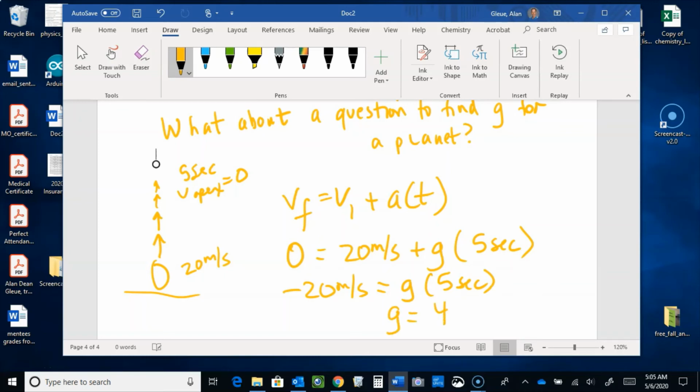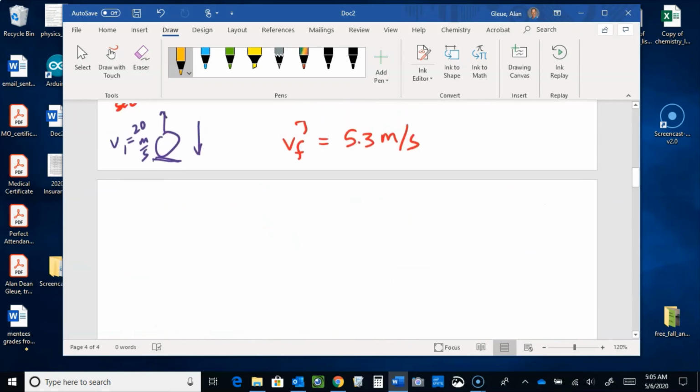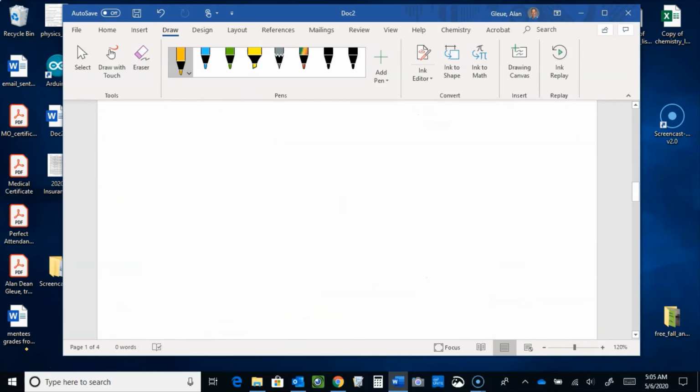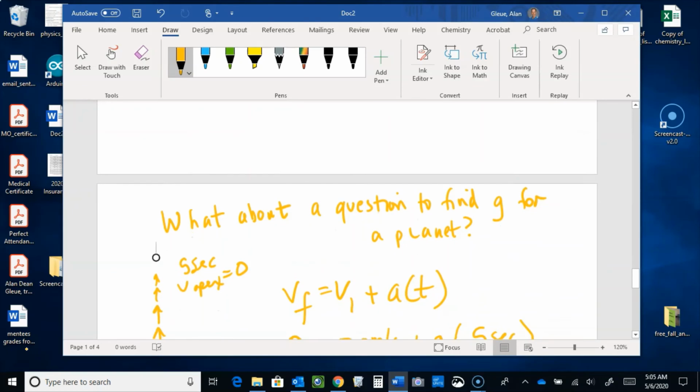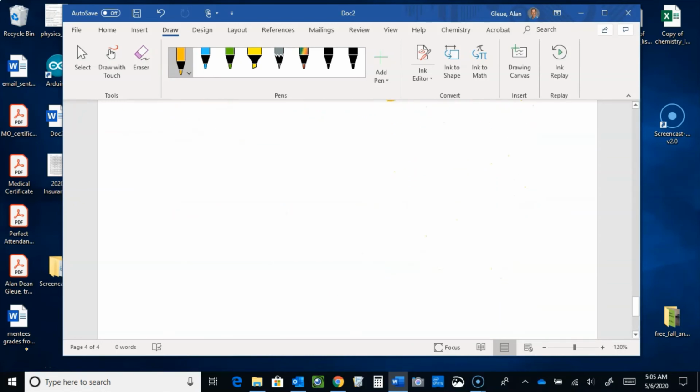We have meters per second per second. If it takes more time for that object to get up to its apex than it did on the Earth, so on the Earth it took, what did we say? On the Earth it took 2.04 seconds. So in this case, it takes more time, so we know the gravity is less than what it is on our planet.